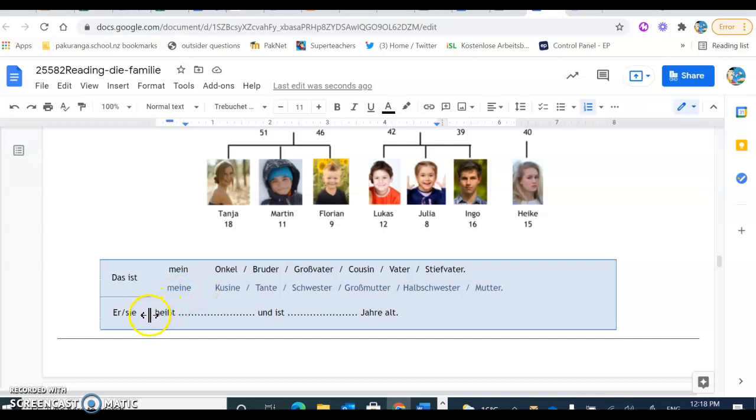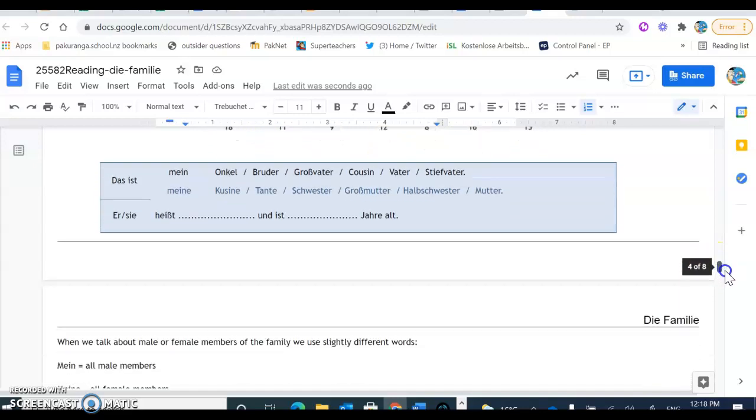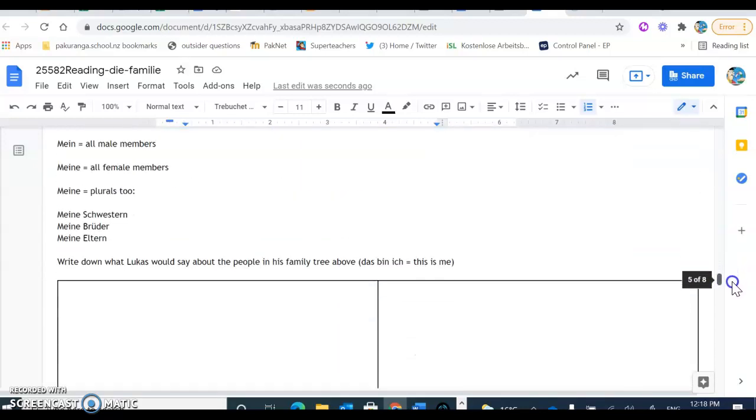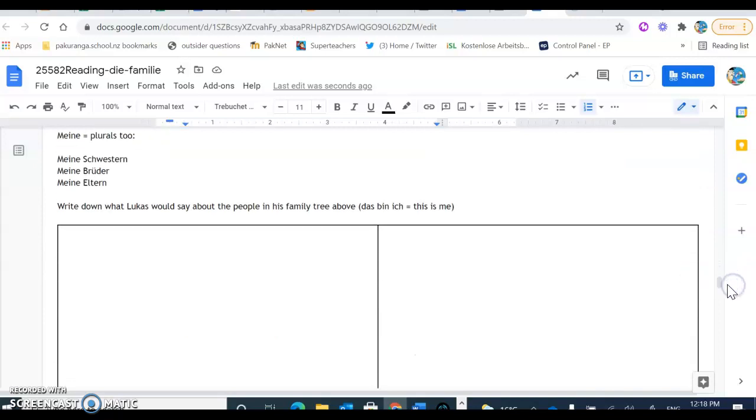He is called or she is called and is so-and-so years old. So basically, what you need to do is write down what Lucas would say about the people in his family tree above.